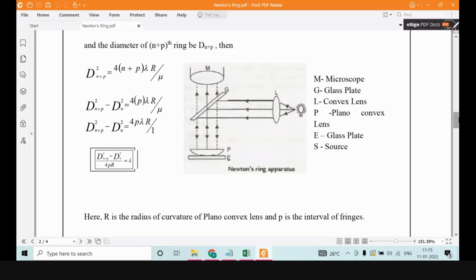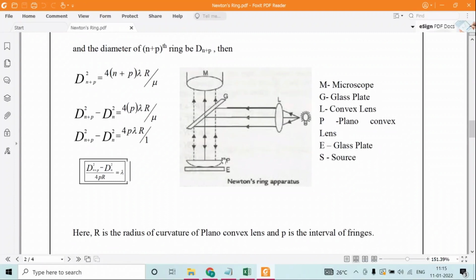For this particular experiment, we have this kind of setup where you can clearly see that we will use a microscope. This is our source, from which we apply light, which goes into the convex lens, and then there is a glass plate from which the light ray can enter the microscope, and it also goes into the plano-convex lens.